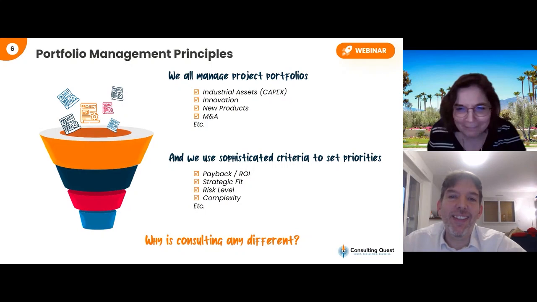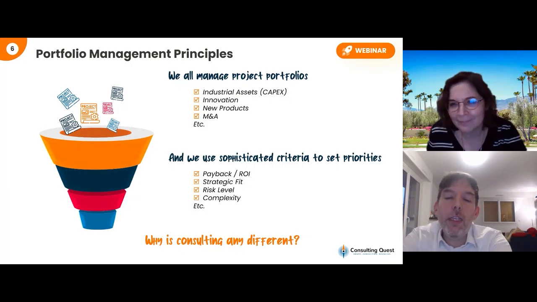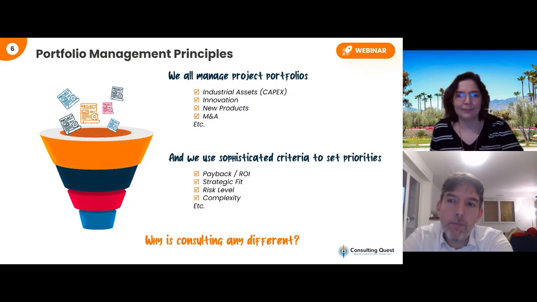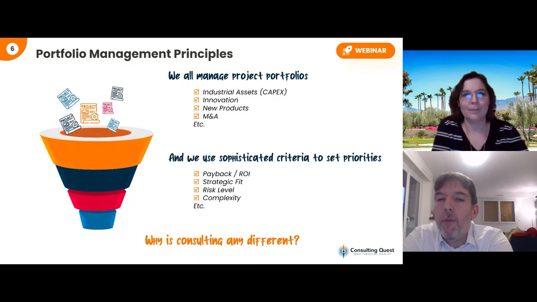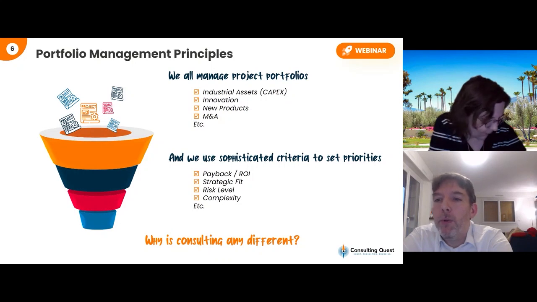Indeed, when we're discussing consulting with Helene, one reflection we had is that when we are working in a company on managing investments, be it for innovation, CapEx, or new products, we all manage project portfolios.